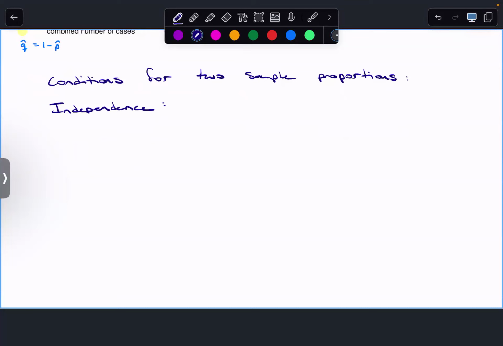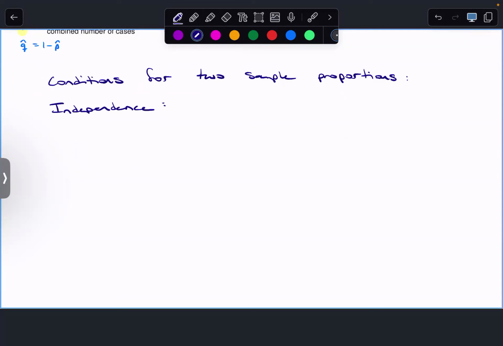So the independence condition, now this is going to be the same as before, right? I need to have randomly sampled, or assume that the sample was randomly selected, in order to assume that my observations are independent of each other. Now I have two samples, so of course I need each of them to have independence within the samples, but I also need to have independence between the samples, right?